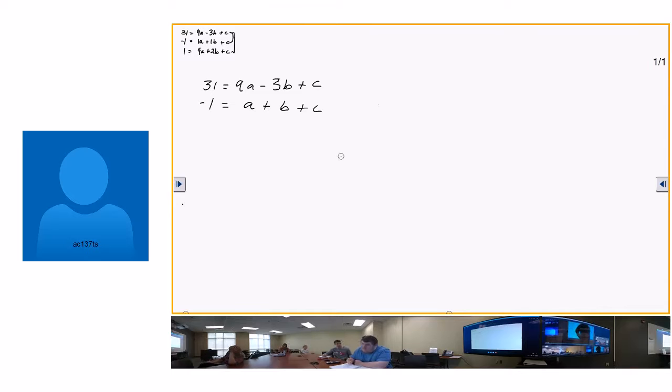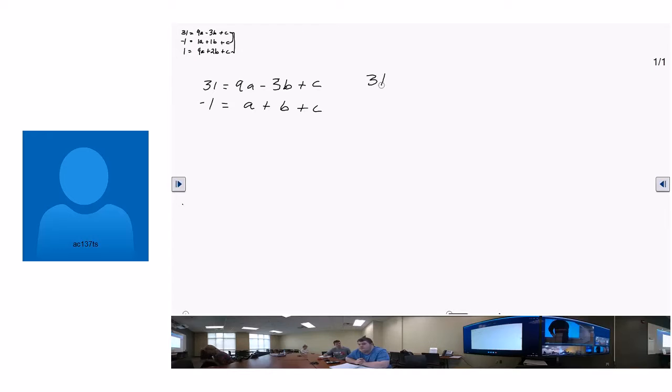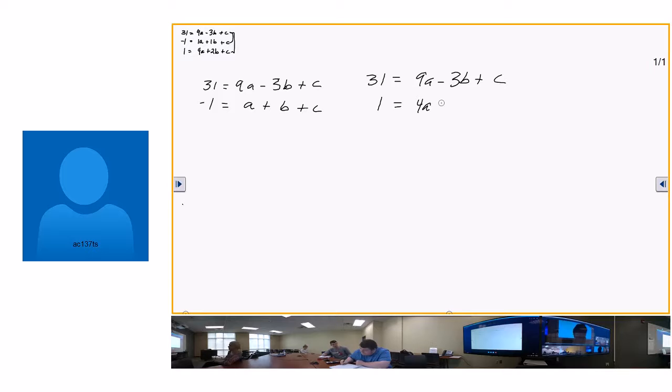And I'm just picking the first one. You can pick, as long as you pick 1 twice, you're okay. So I'm going to pick the number 1 equation twice. 31 equals 9A minus 3B plus C. And 1 is equal to 4A plus 2B plus C.